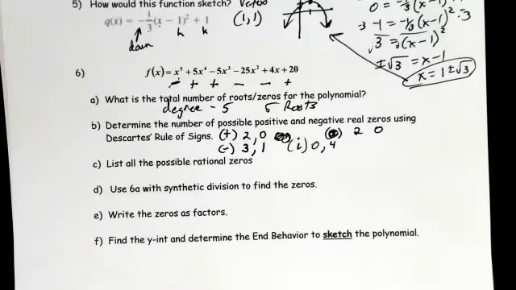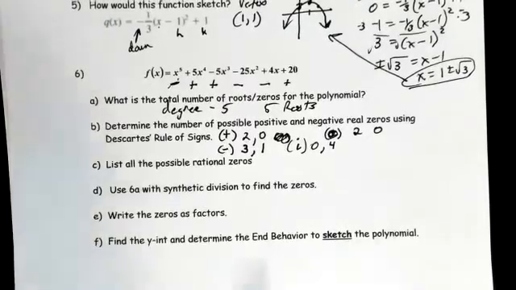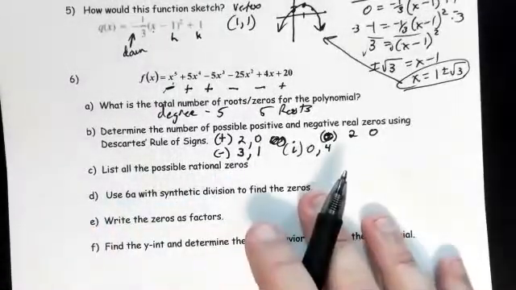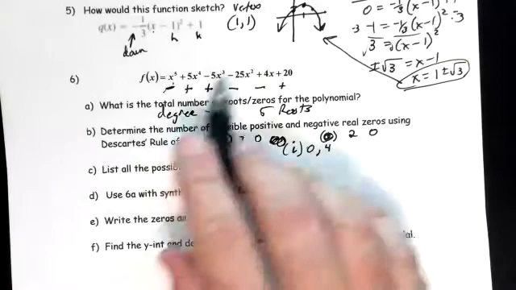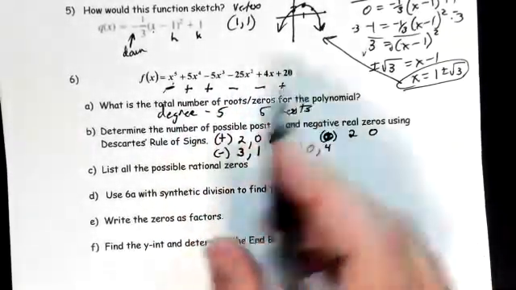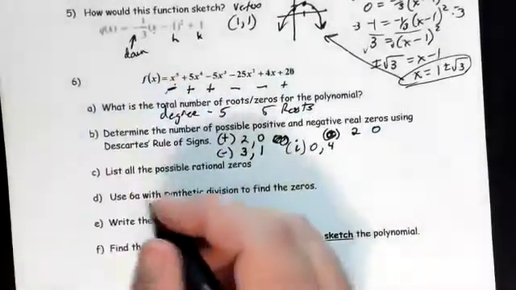All right. So let's list possible rational zeros. Okay? Now, this is the plus or minus problem that we did. Okay? In which you're going to take the constant, which is back here. You're going to find the factors of the constant. Let's do this over here.